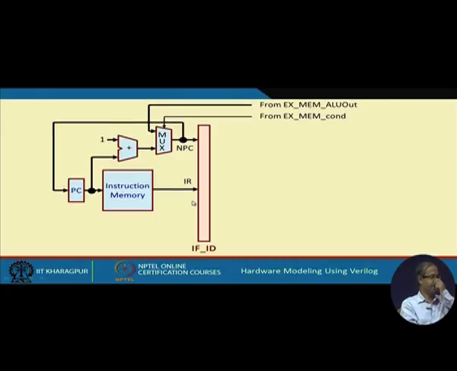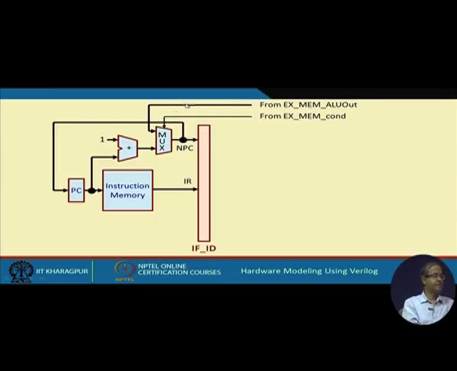Okay, fine. So, in terms of hardware, the instruction fetch stage will look like this. This will be your IFID stage, instruction memory, IR will be part of this, NPC will also be part of this. And as I said, from the EXMEM stage, these two signals are coming.